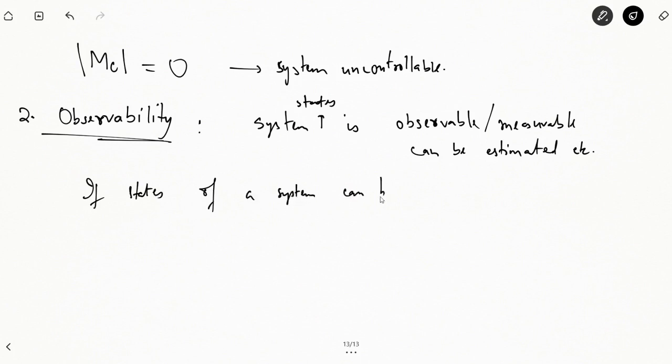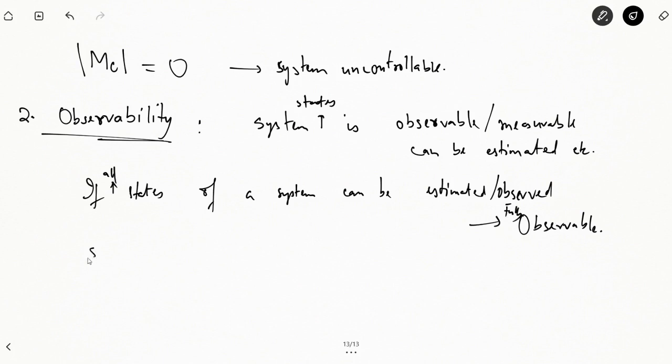So if the states of a system can be estimated, or you can say observed, then the system is known as an observable system. Fine. In a similar fashion, if all the states can be observed, it will be known as fully observable.